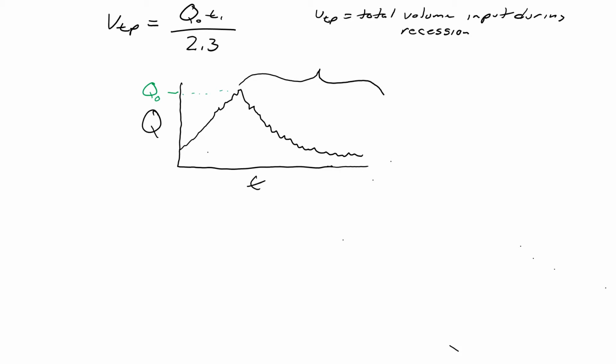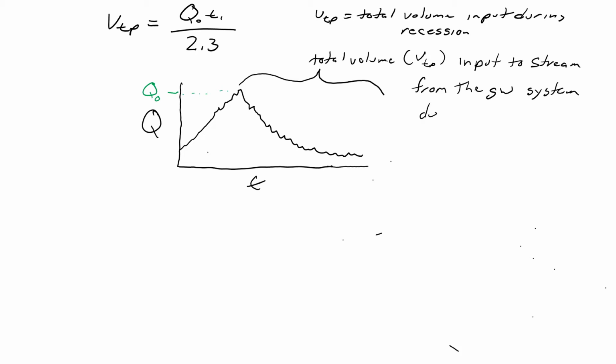And what this equation is going to tell us is the total volume, again VTP, input to a stream from the groundwater system during a recession. So there's several ways we can use this. We're going to use it in a specific way here in a minute.